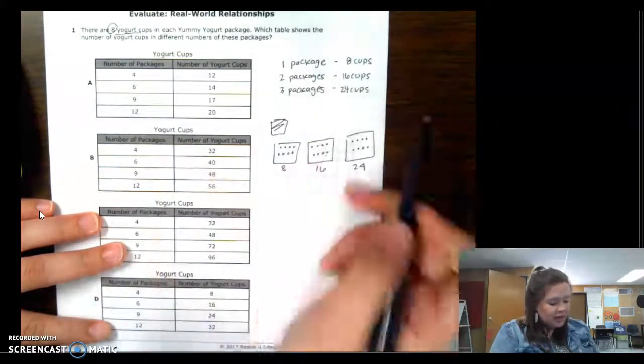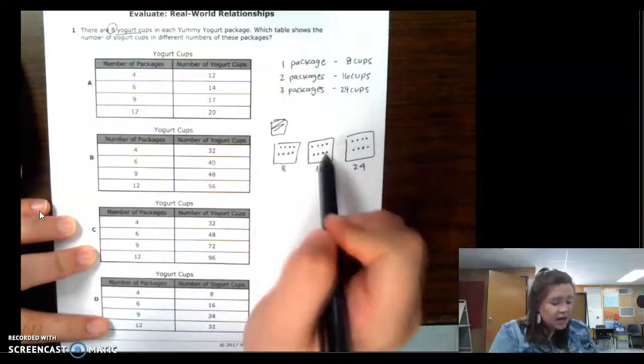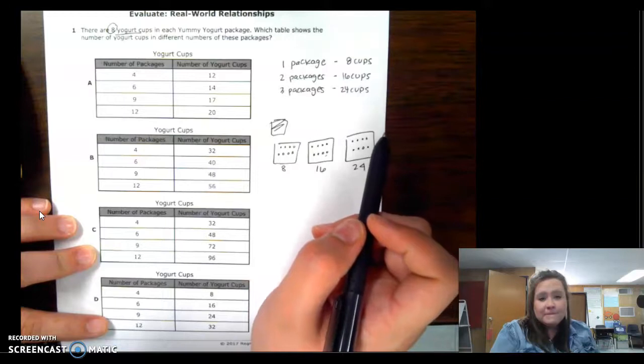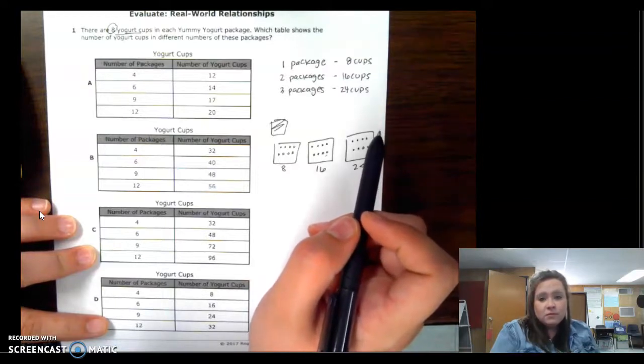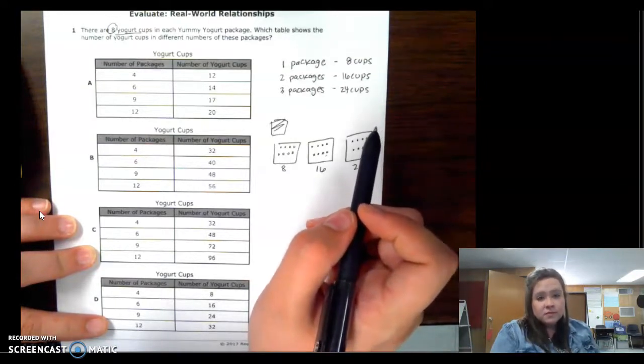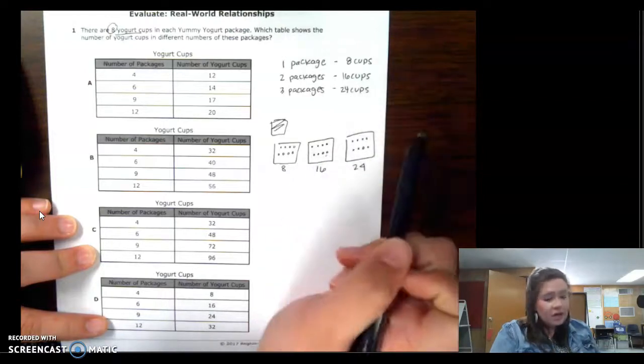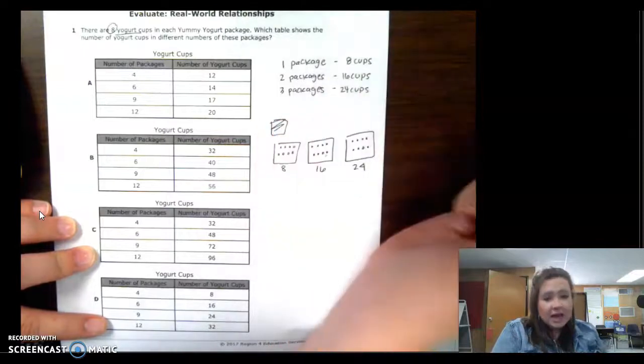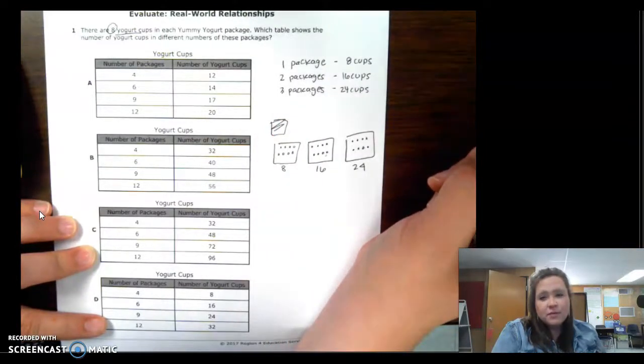What are we doing each time we add a package? Yes, we're adding 8 more cups each time we add a package. So to get from 1 package to 8 cups, what operation do we do?